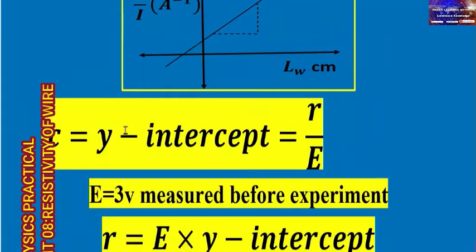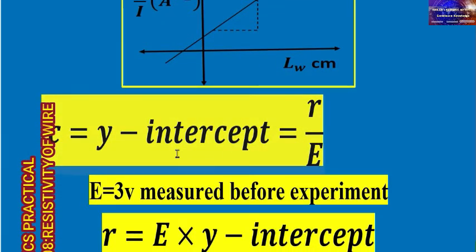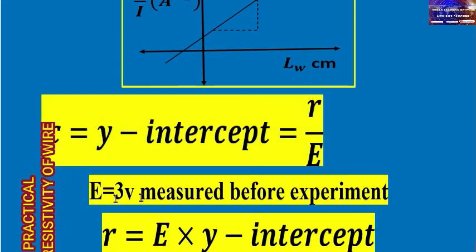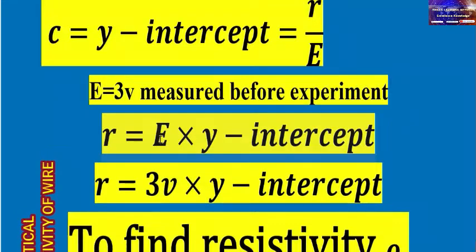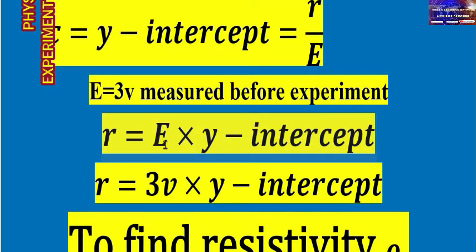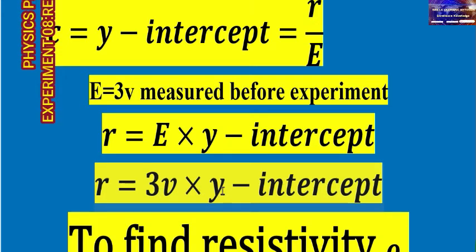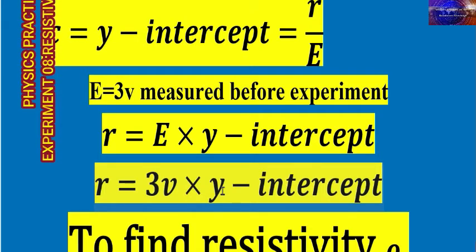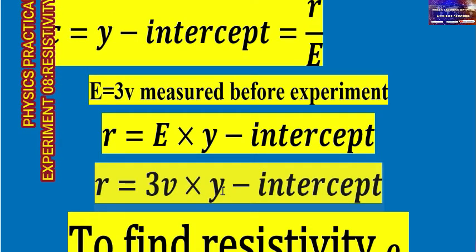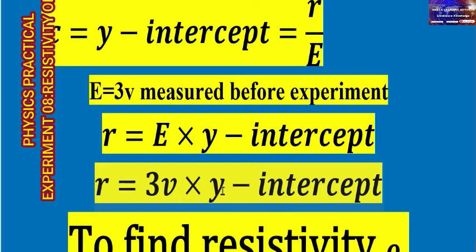Then we are going to substitute into this formula, with the EMF measured before the experiment. Generally, R is equal to EMF times y-intercept. It means EMF is equal to 3 volt times the y-intercept, which you will get from your graph as recorded in your data. If you have data, it means the graph will be simple to plot.